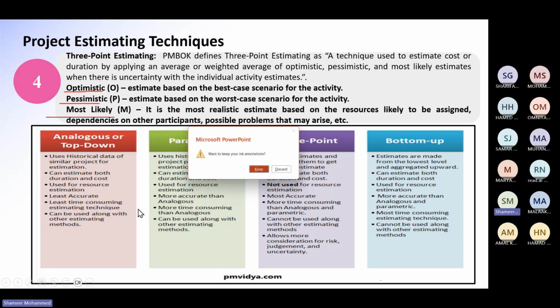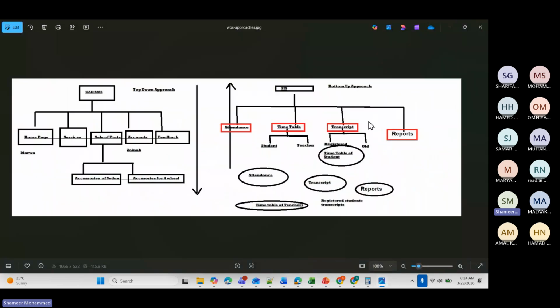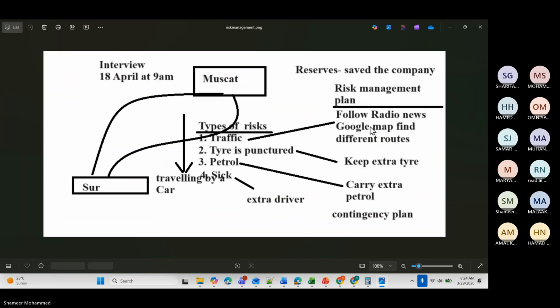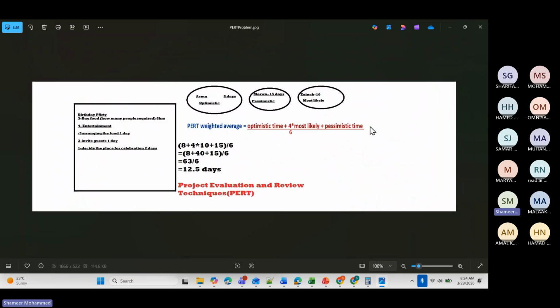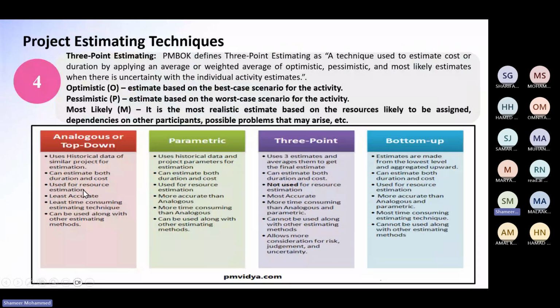This is also called 3-point estimates, that means most optimistic, pessimistic, and most likely. Three values you are taking to find the duration of your activity or the duration of your project task. Understand? So these are the 4 types of estimation techniques, students.